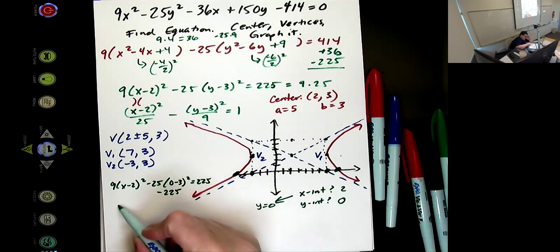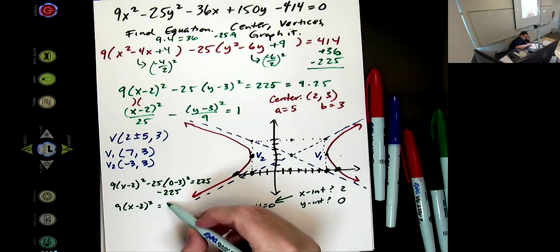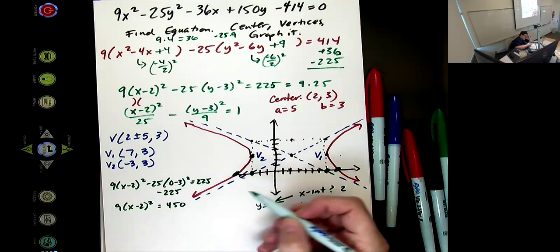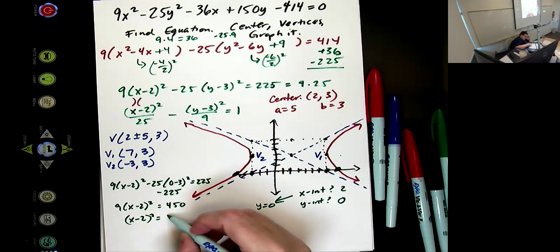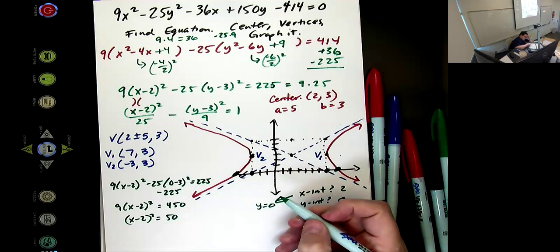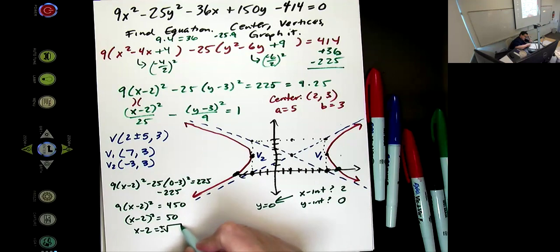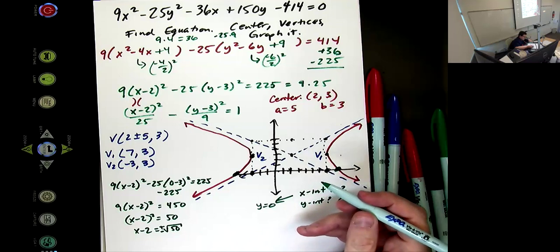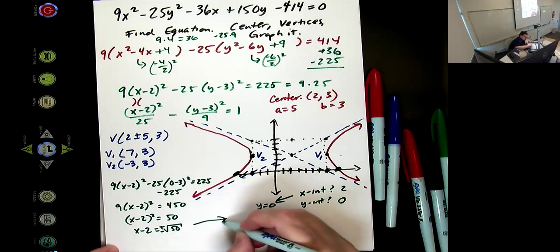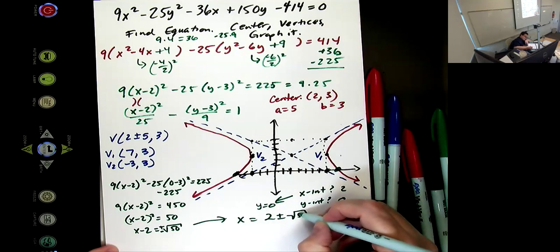So when I add it over, I get 9 times (x minus 2) squared equals 450. Divide by 9, I get (x minus 2) squared equals 50. We'll take the square root, plus or minus the square root of 50. So x equals 2 plus or minus the square root of 50.